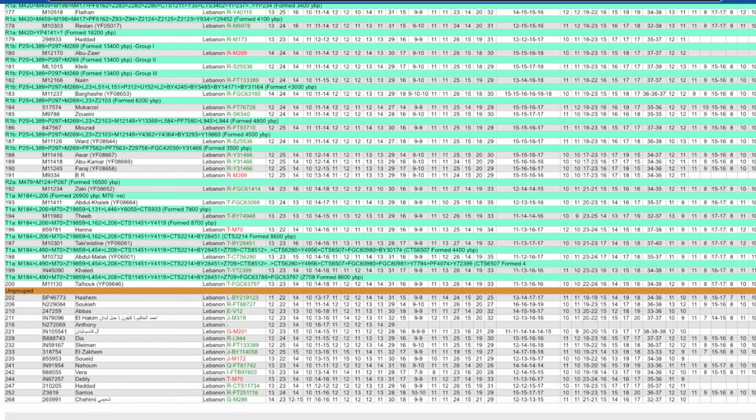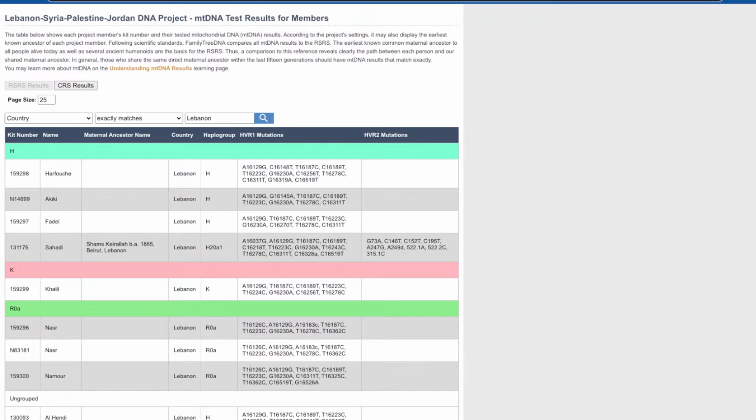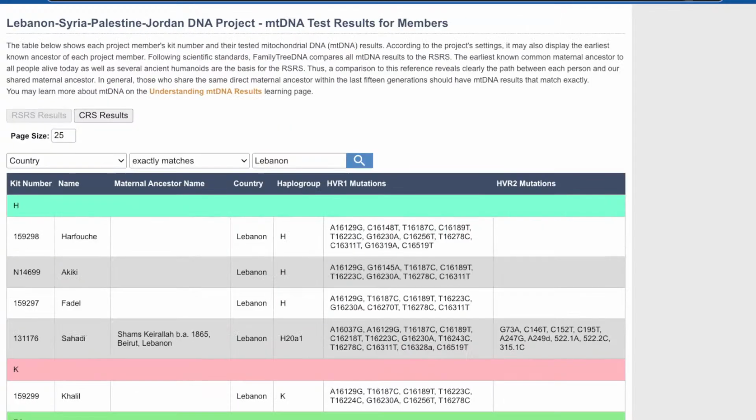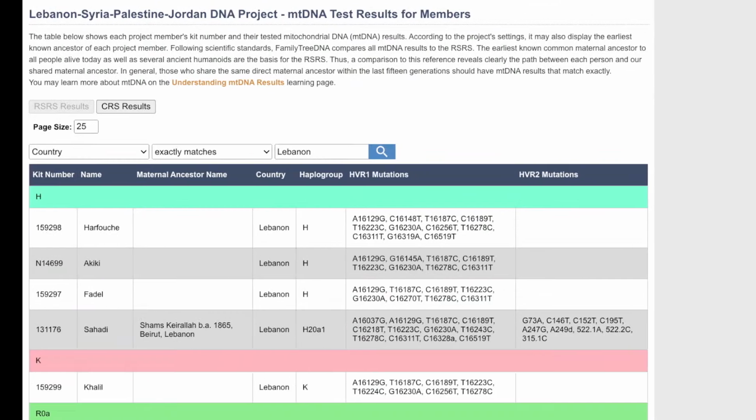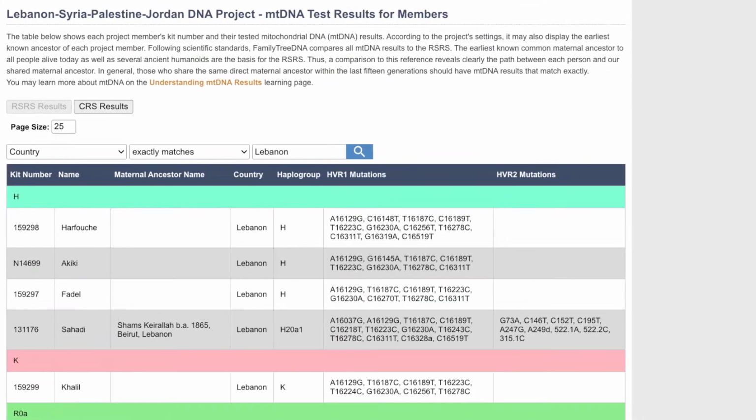All right, let's do the mtDNA. What I found interesting about the mtDNA is that they carry a lot of H, a lot of K, and a lot of N1B. Now, if you know anything about Jewish mtDNA haplogroups, you know they carry H, they carry K, they carry N1B.